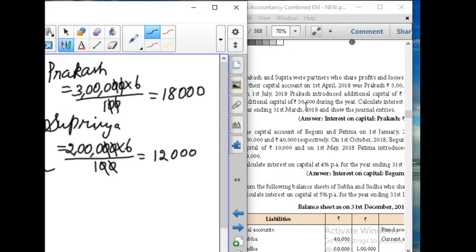And additional capital on 1st July 2018, Prakash introduced additional capital of rupees 60,000. So, we have to calculate for the additional capital on 1st July.